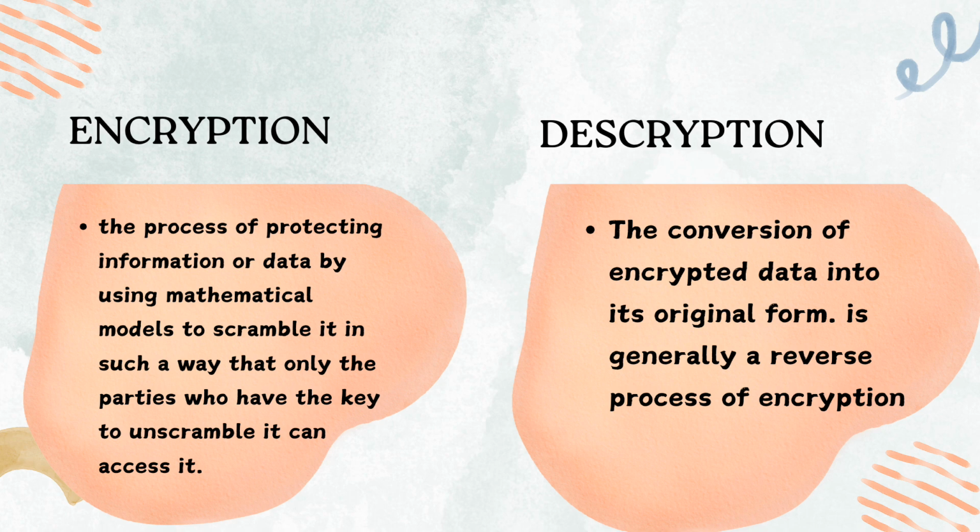While decryption po is the conversion of encrypted data into its original form, generally the reverse process of encryption. Meaning po, ito po yung opposite na process of encryption wherein binabalik niya po sa original form yung encrypted na text to the plain text po.